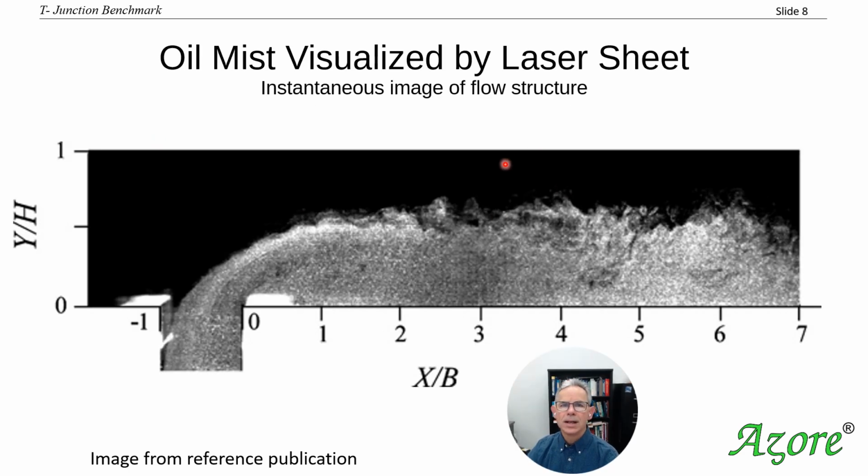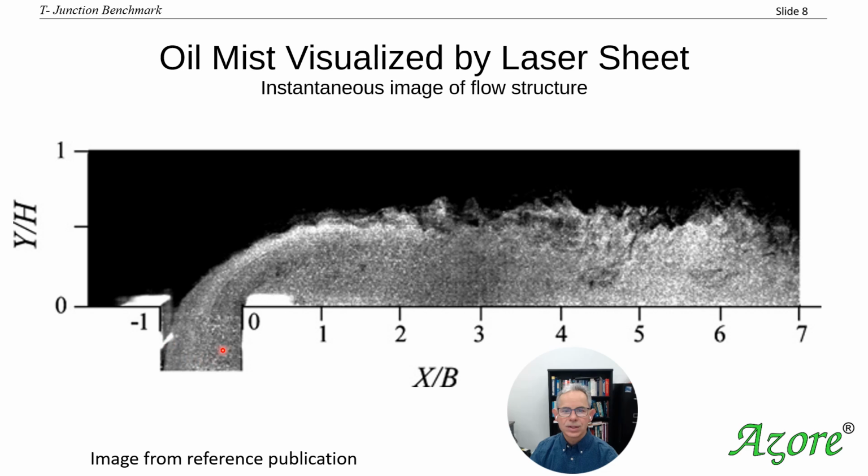This is an image that was taken from our reference here, and what we have is an oil mist visualization that's captured through a laser sheet. This is an instantaneous image of the flow structures, at a center line in our duct. Down here is where our hot gases are introduced, and they're introduced with some oil mist.